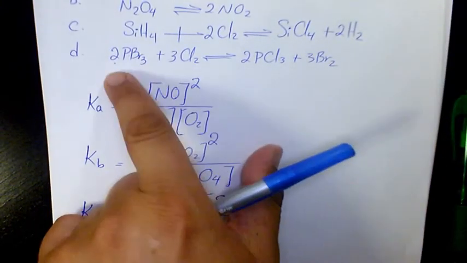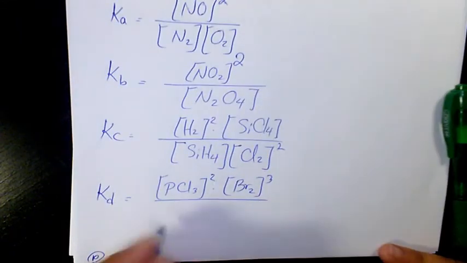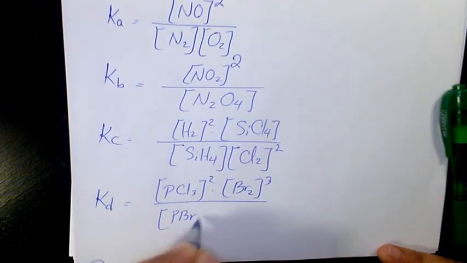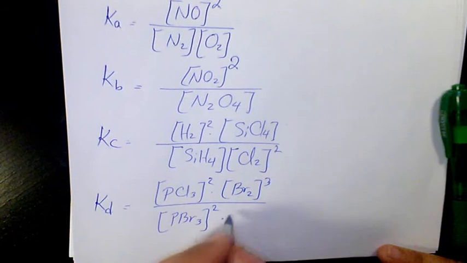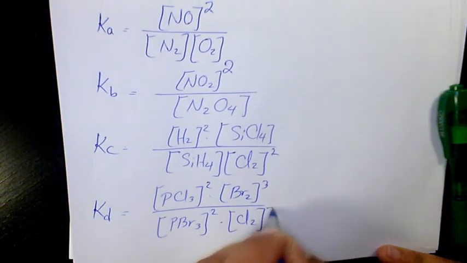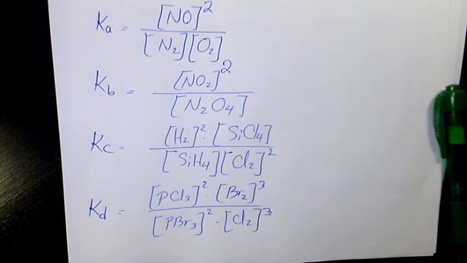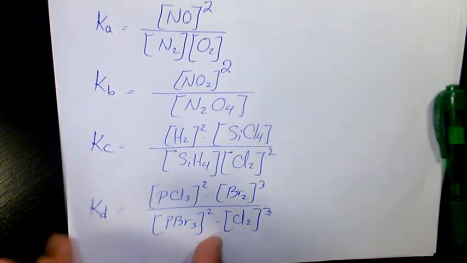And then in the denominator we write these two with the coefficients as exponents, PBr3 to the power of 2 times Cl2 to the power of 3. So basically that's how we write the equilibrium expression for all these reactions. Let's see another example.